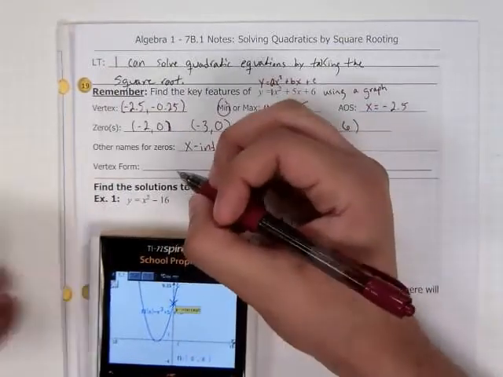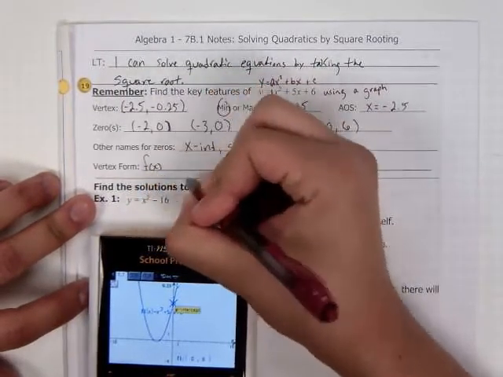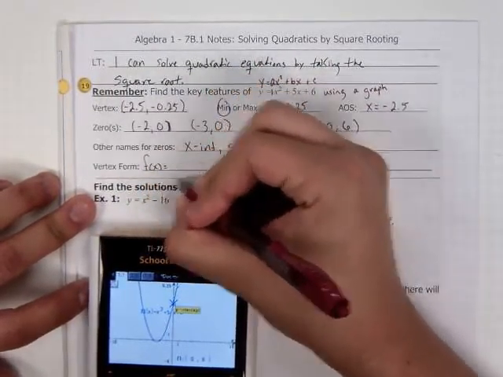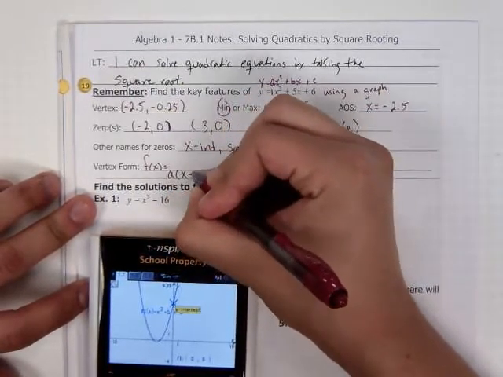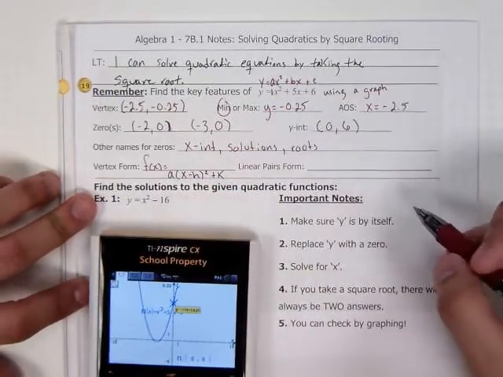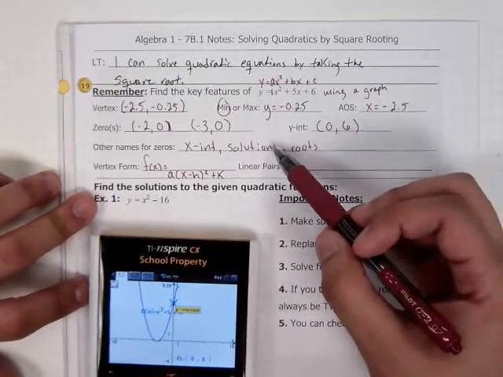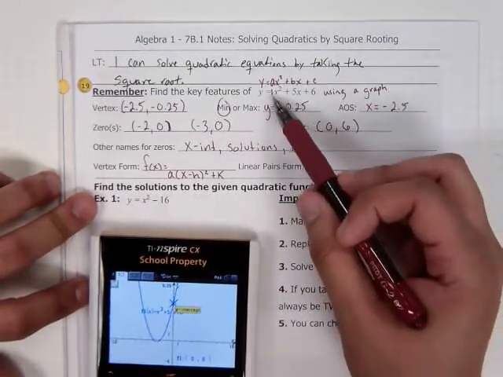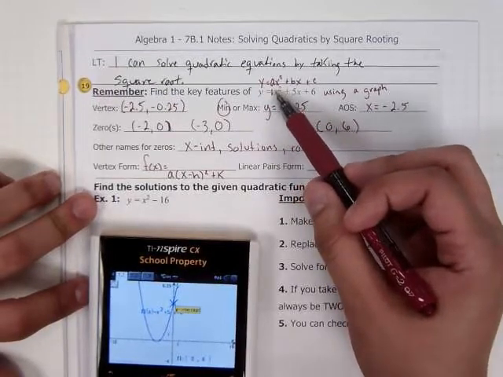Now, vertex form. So first I'm going to write out the standard equation underneath. It's a parentheses x minus h squared plus k. So we have everything we need in our key features. If we go back to our standard equation, we find a right in front of x squared.